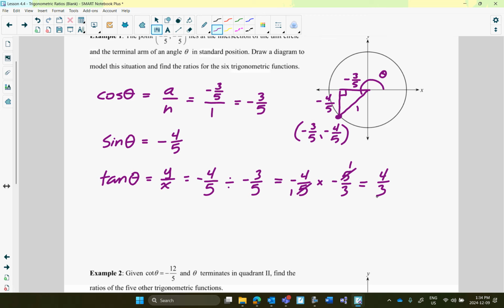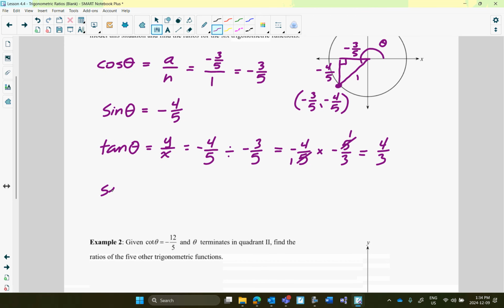That's it. So, what's secant? Which one do I have to take and flip? I don't even have to do that. Isn't it the reciprocal of this? Right? So flip this.